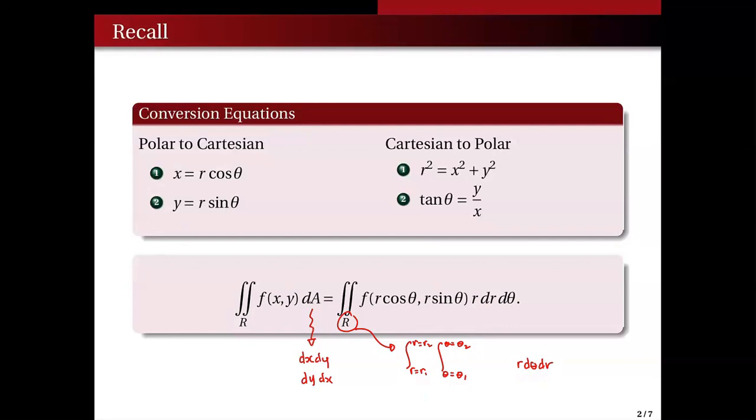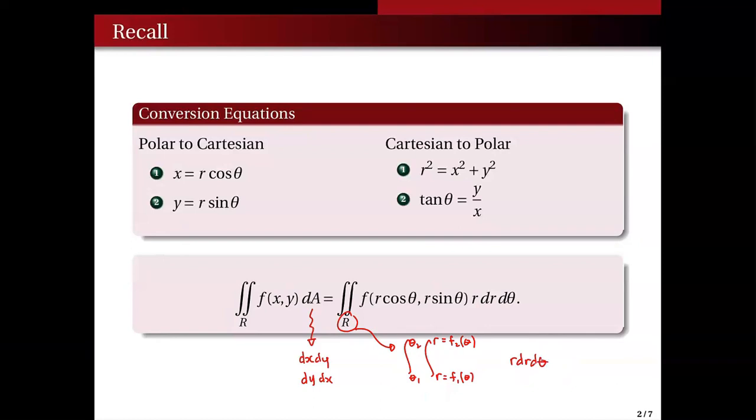The other case, for the conversion of the region R into polar form, it is possible that the inner integral will be functions. For example, this could be r equals f sub 1 of theta until r equals f sub 2 of theta, and then here you will have theta 1 until theta 2. And of course, if it is written this way, you evaluate first in terms of r before evaluating in terms of theta.